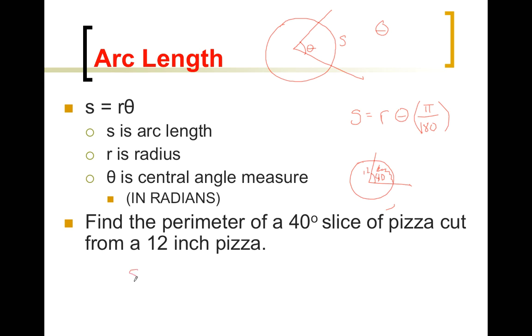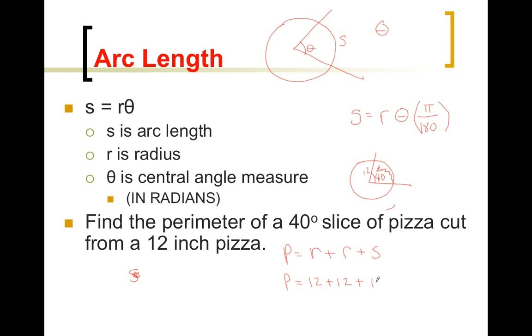So I know that perimeter is equal to my radius plus the length of the crust. So it's 12 plus 12 plus S. S is R times theta.